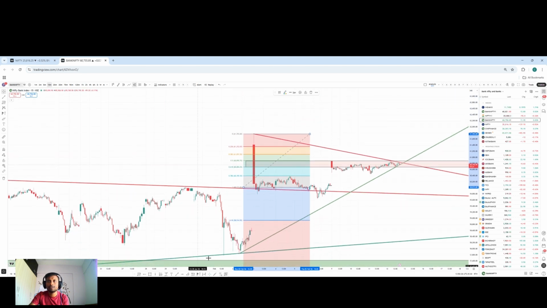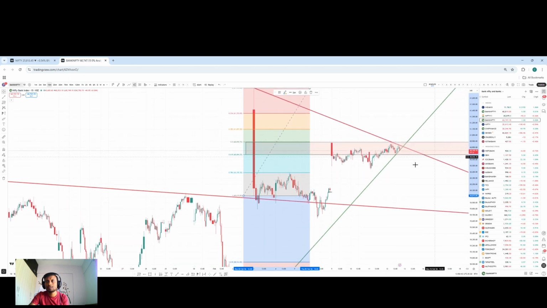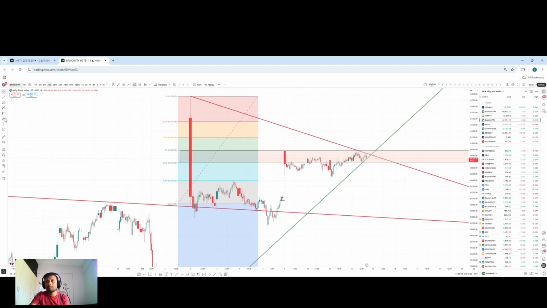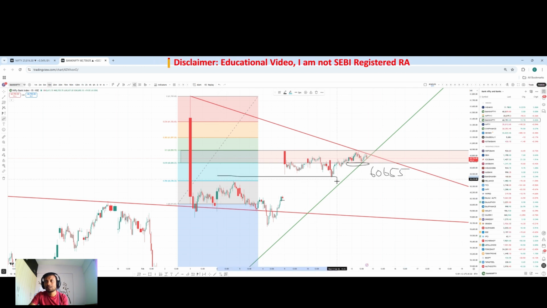On the breakout of this zone, which is 60,655, your first target can be this zone. This is again a gap filling. So always, gaps can act as a support. Your first target will be this zone on the breakout of 60,655. What is this zone?